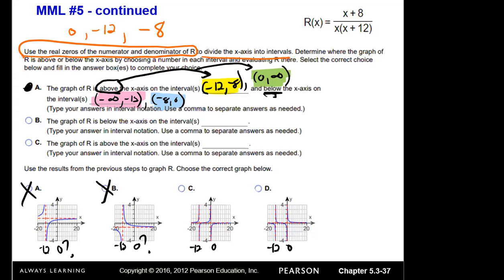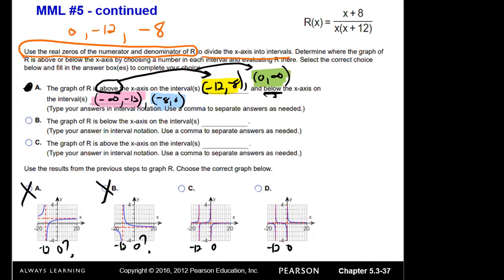If you look at C from -12 to -8, and you may have to click on your magnifying glasses to get a good look at this, but it's the blue that's the graph. So I'm looking for yellow and green are above, pink and blue are below, negative.